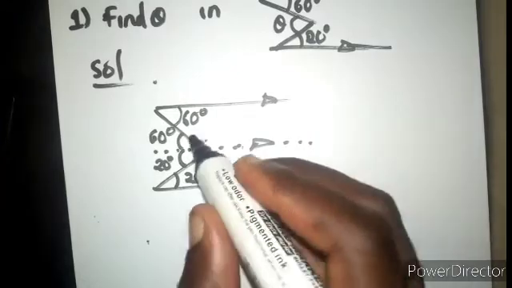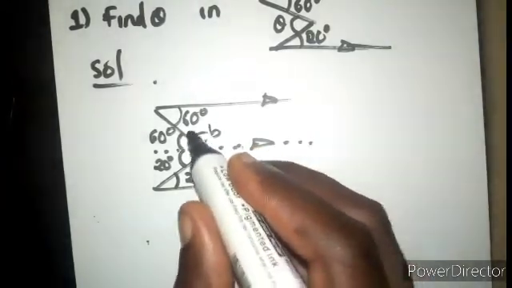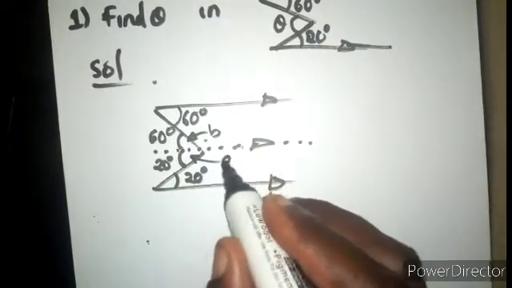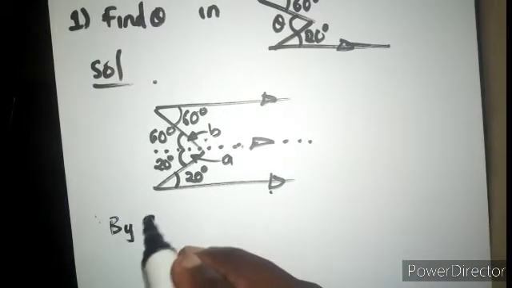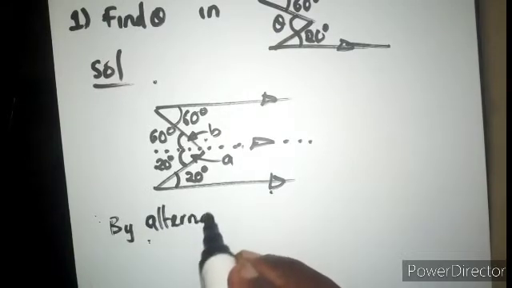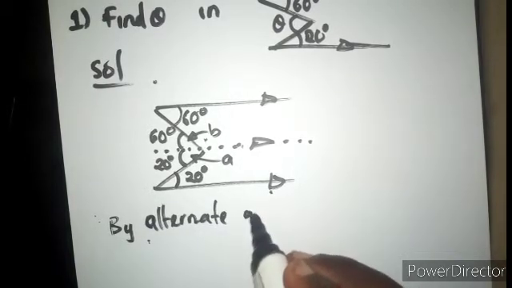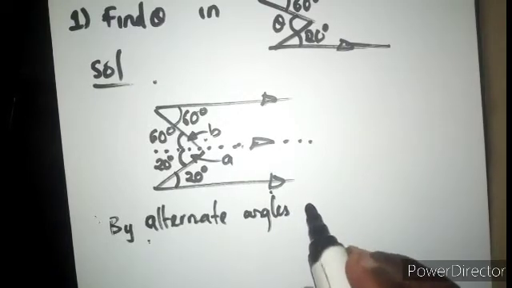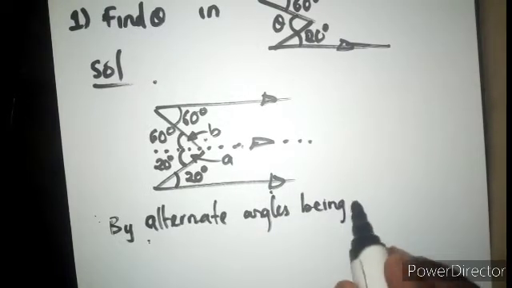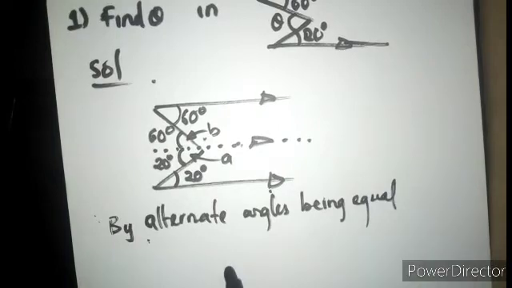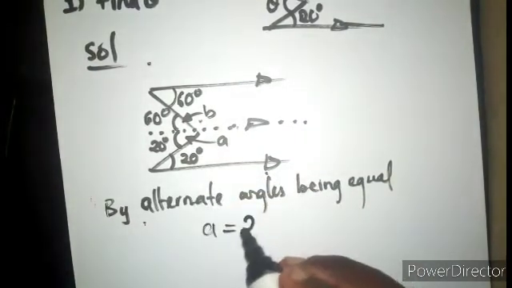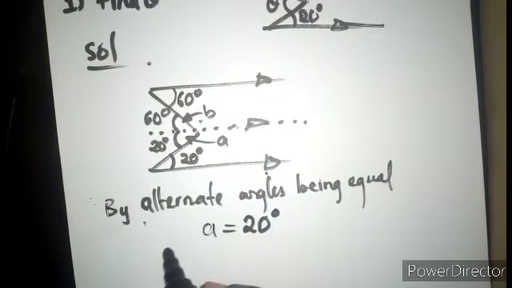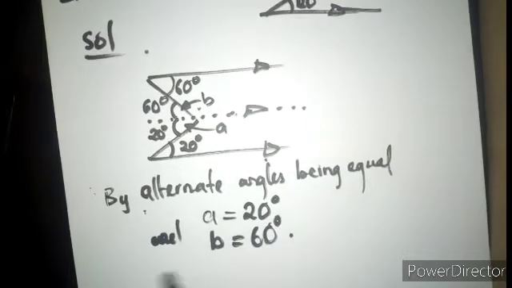So it follows that we can call this angle B, and this angle A. By the fact that alternate angles are equal, we see that A is equal to 20 degrees and B is equal to 60 degrees.